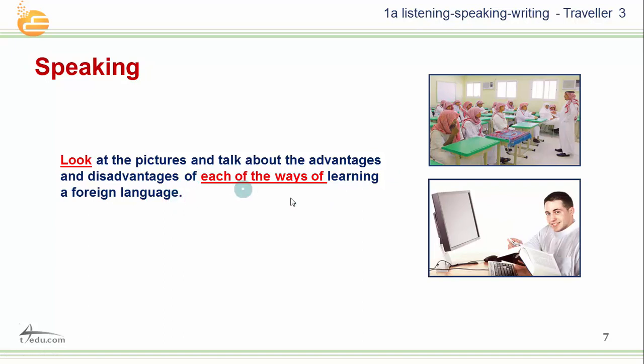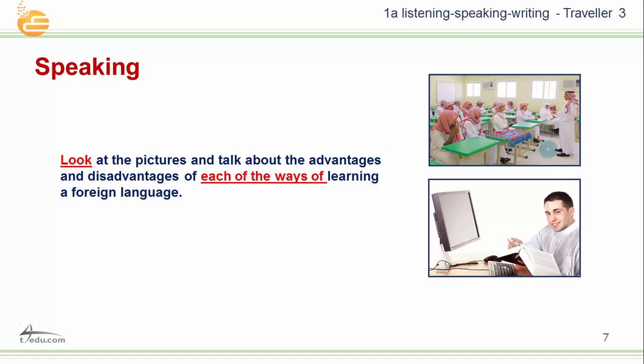So look at the pictures and talk about the advantages and disadvantages of each of the ways of learning a foreign language. So here they are listening to the teacher. They're maybe studying English. And here's a boy or a girl like you who are listening to me now, and they're studying over the internet.